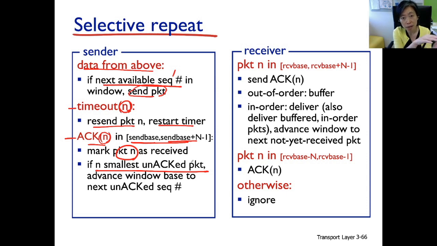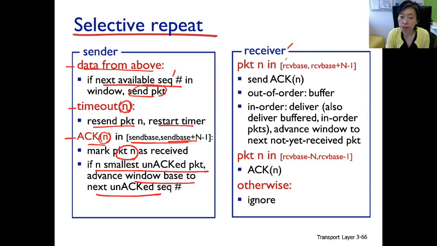Then we advance the send base all the way to the next yellow packet, which is the next unACKed packet. All right, so these are the sender's actions depending on what's triggering the sender's finite state machine to take transitions.